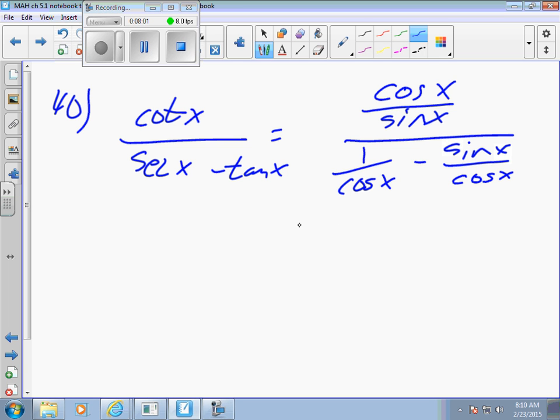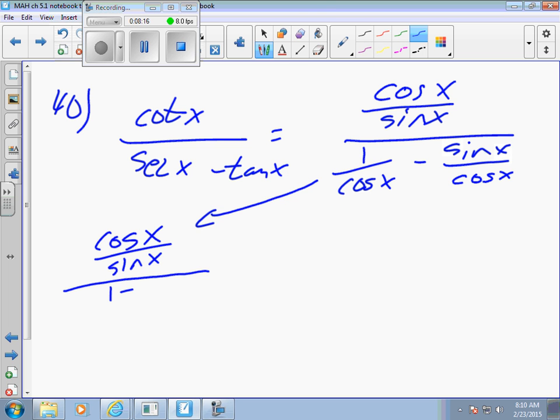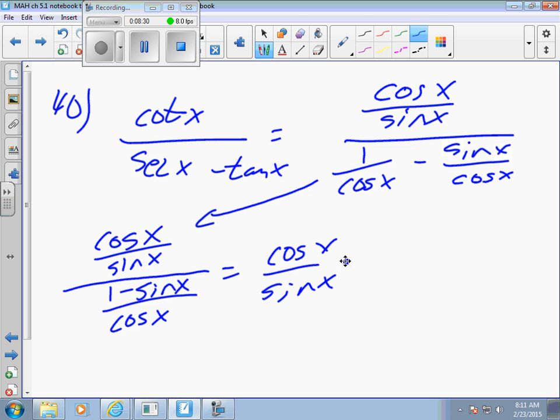Looks like I have a common denominator here, so I'm going to rewrite that as the cosine x over the sine x, all divided by 1 minus the sine x over the cosine x, which is the same as writing cosine x over the sine x times the reciprocal of this, which gives me the cosine x over 1 minus the sine x.